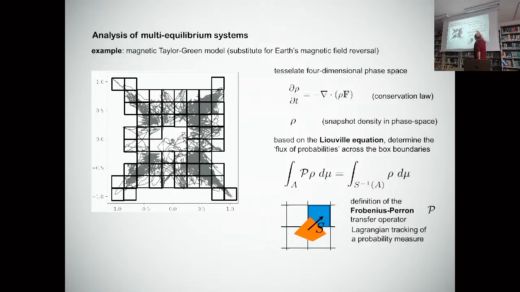Now, if you write the integral form of this one, then over one time step, so s minus 1 is one time step back, if you integrate that density for each little cube, and you show where this one comes from, so you stick in this equation here, you can define an operator that brings the density of your snapshots from hypercube to hypercube over one time step.